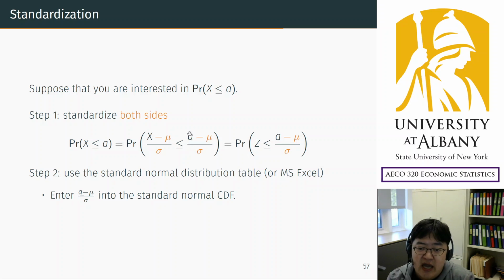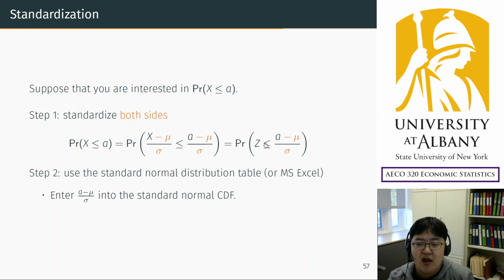On the other hand, a minus mu over sigma is a number you have to calculate, right? I'm going to show you examples of how we handle this part, but in many cases, this is not much of a problem. Usually, you know what a is, and if you know the parameters, then you can calculate this part.